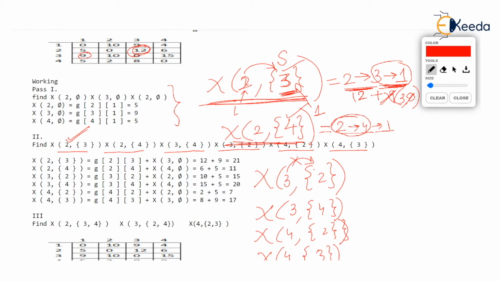But for 4 to 1, you don't have to refer to the matrix because 4 to 1 is simply X4 comma null set. And the good news is that we have already found X4 comma null set in the earlier pass. So the next pass is utilizing the result found by previous passes. And that's it. That is dynamic algorithm, isn't it?